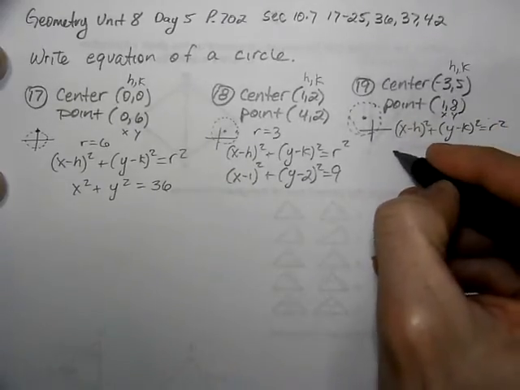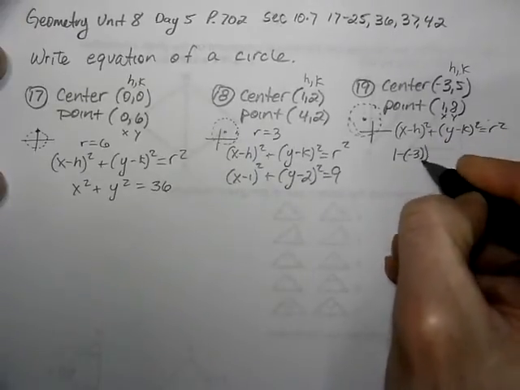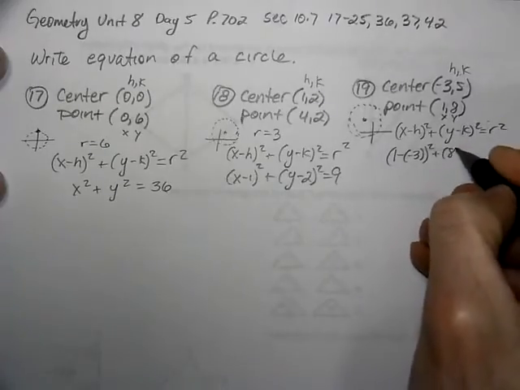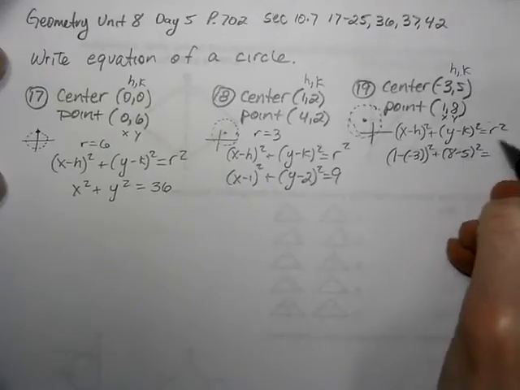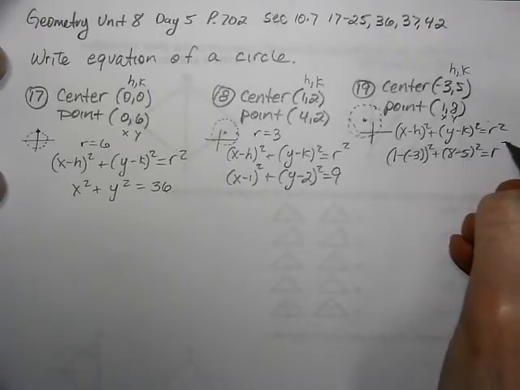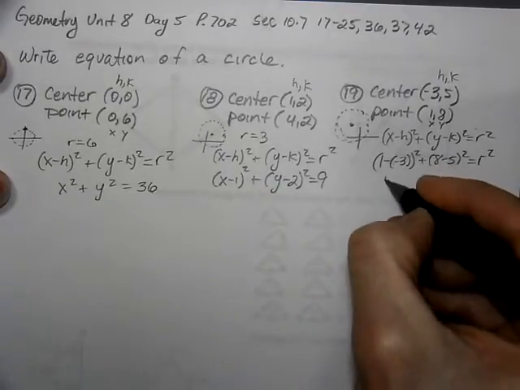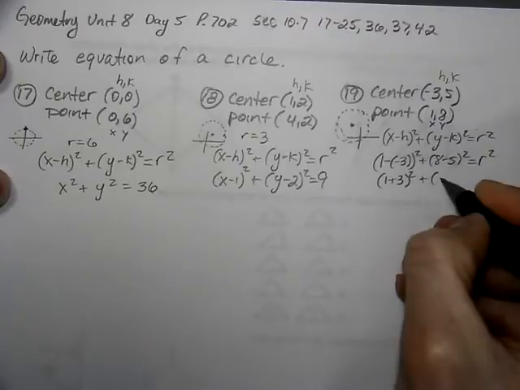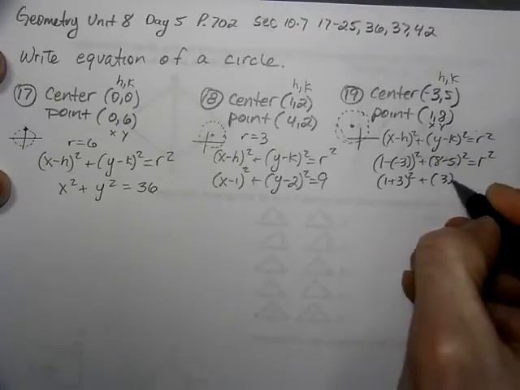Because it's a slanted radius, I can't count it horizontally or vertically. I'm going to take my x minus my h and my y minus my k, and we're going to solve for the r. So this becomes 1 plus 3, and this becomes 8 minus 5, which is 3.